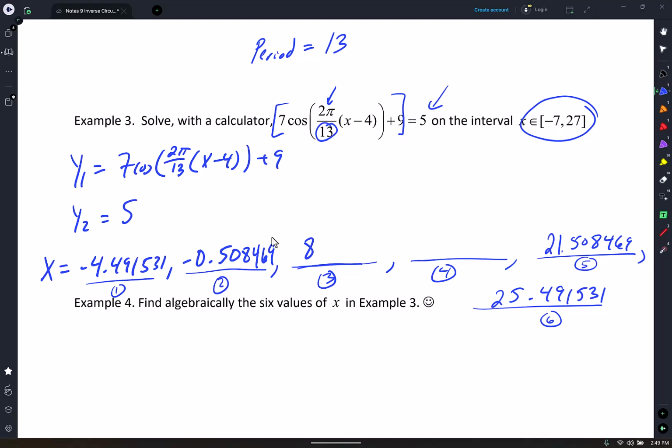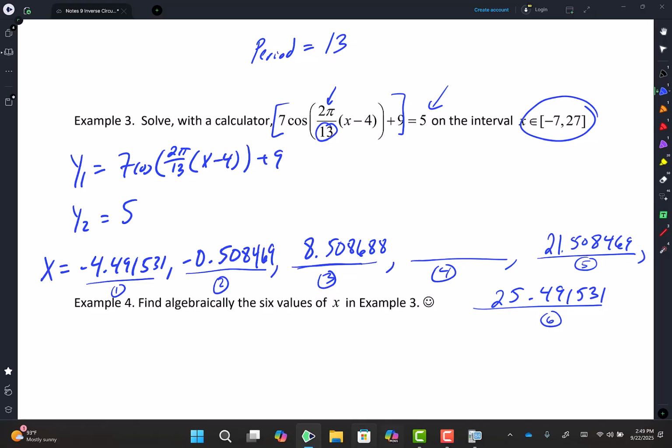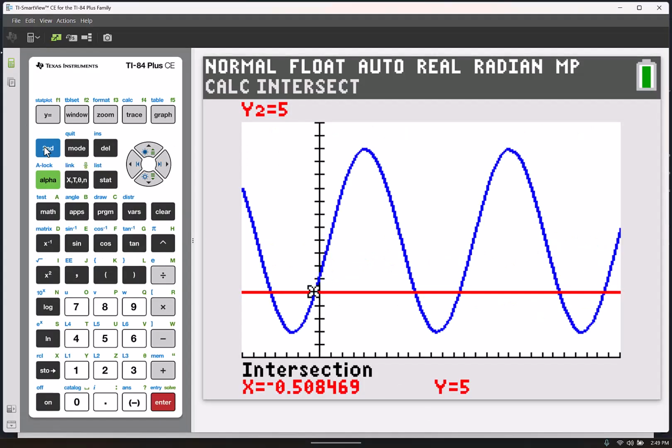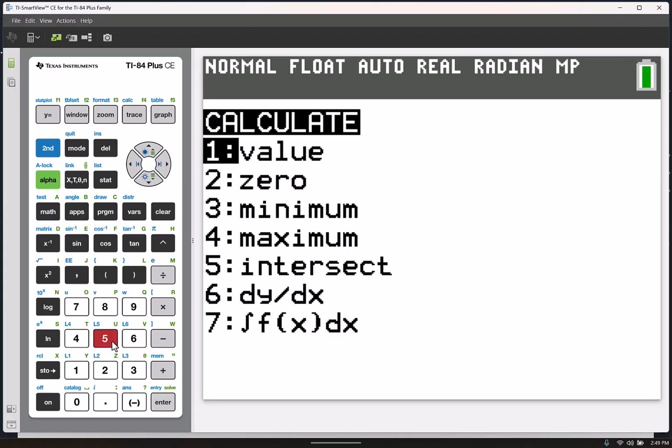All right, group, what'd you guys get for the third one? 8.508688. I think that's correct. No, that 6 should not be a 6. It probably should be a 4. Did you say the word intersection? Second, calculate, number 5.